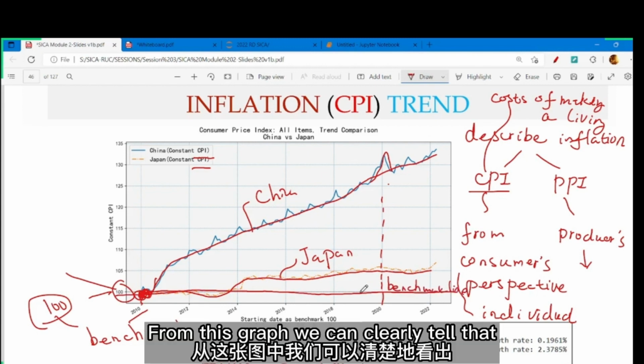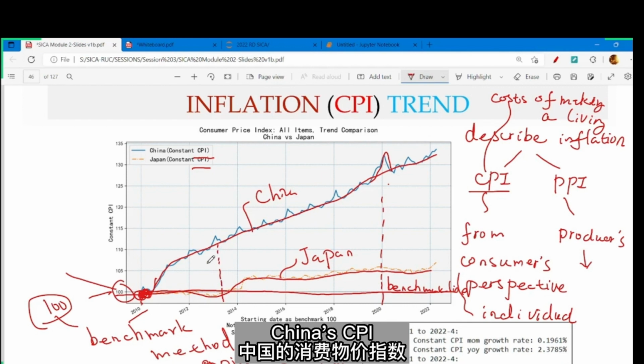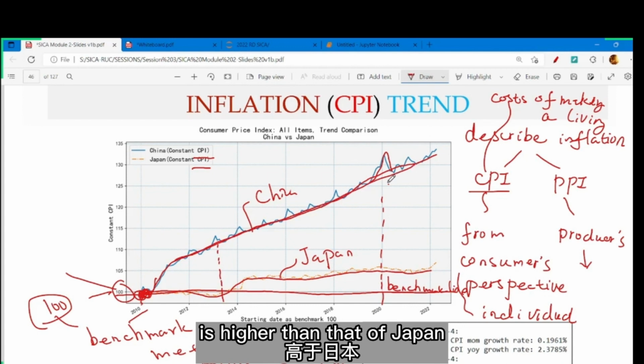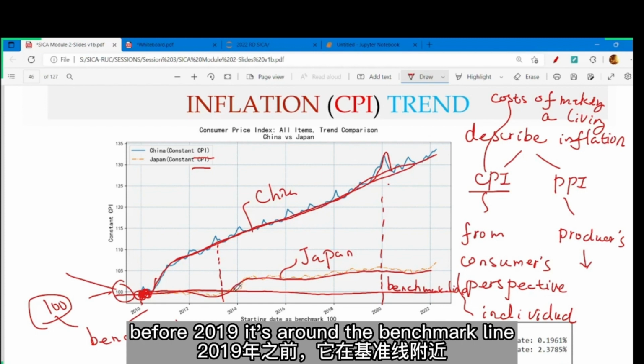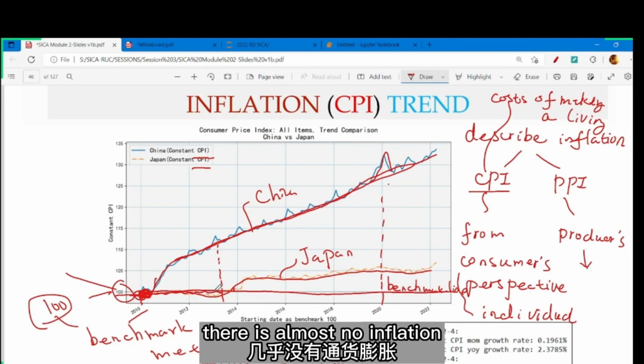From this graph, we can clearly tell that compared to Japan, China's CPI is growing upward steadily. It's higher than that of Japan. While for Japan's CPI, before 2014, it's around the benchmark line. That means there is almost no inflation.